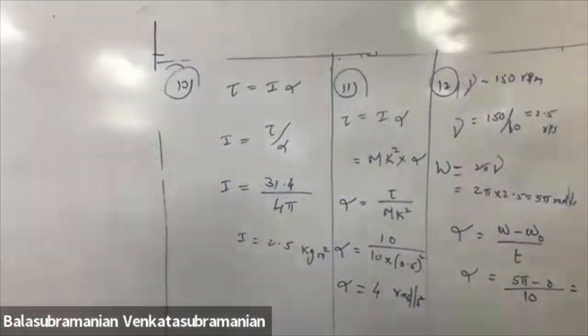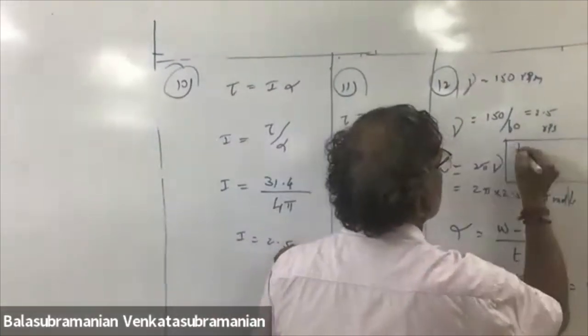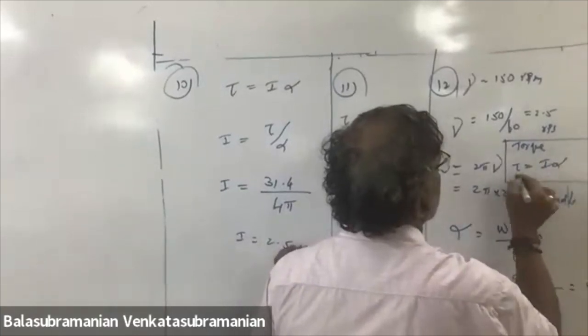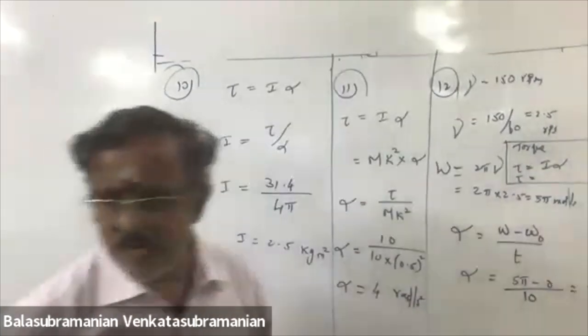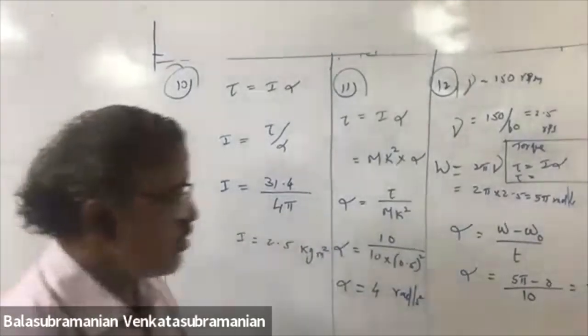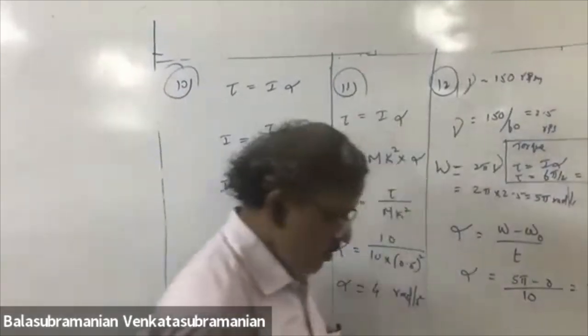The question is torque. So torque is I alpha. What is moment of inertia given? 6. This is pi by 2. 6 into pi by 2, that is 6 pi by 2, which is the answer.